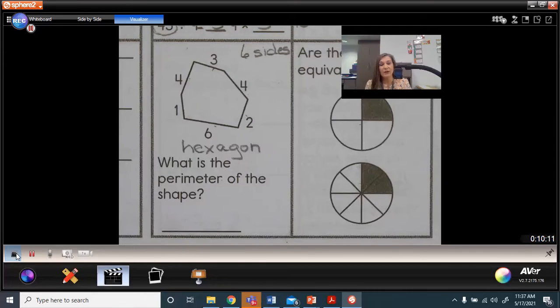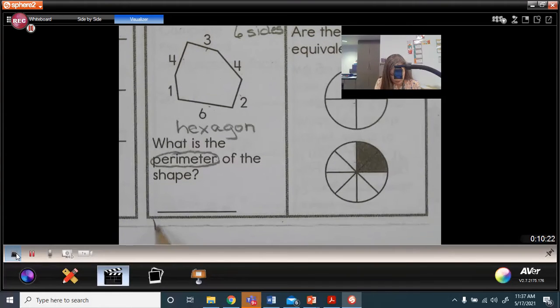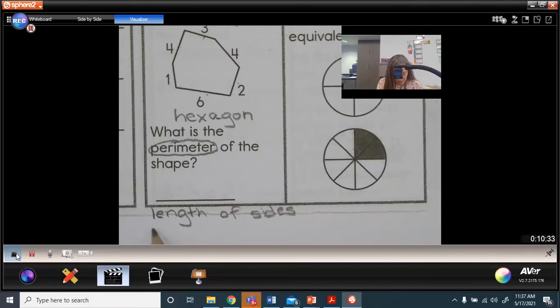So now we want to figure out what is the perimeter of this shape. Perimeter means we're going to find the length of all the sides together. So on your paper, I want you to write length of sides. And this is called the what? The perimeter. What's it called? Perimeter.